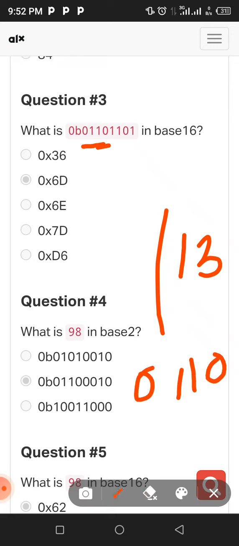And I think this should be 6, because when you calculate it, this is 1, 2, 4, 8. So this is rubbed off because it's on top of 0. So what we have here is 4 times 1, which is 4, 2 times 1, which is 2. You add them together, that is going to give you 6. So the next one we have here is 6.